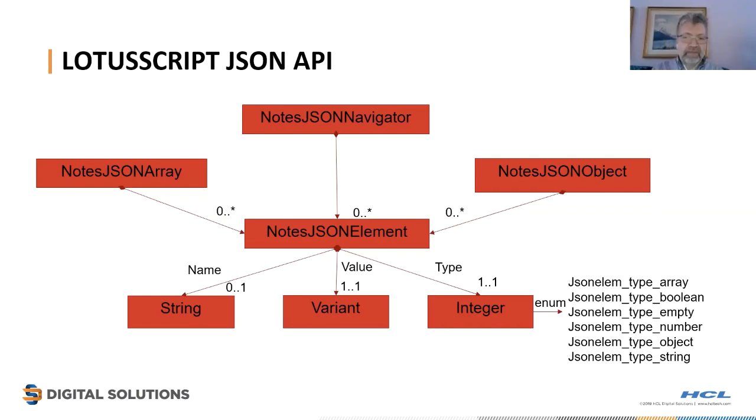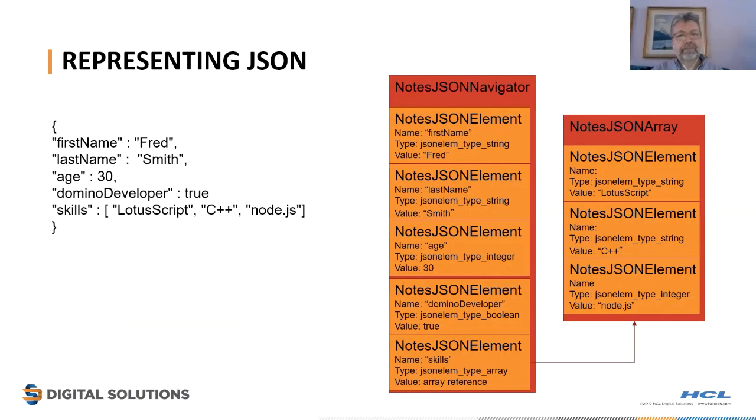So moving on. I wanted to give you an idea here of what really happens whenever you use the API to parse a JSON string and visit nodes of the JSON string. So here, on the left, I've got some very simple JSON.